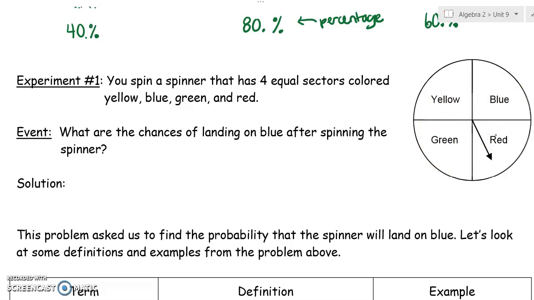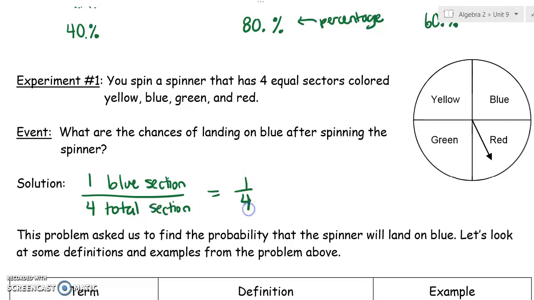So our answer would be 1 blue section divided by the 4 total sections, which makes our answer 1/4. I know that as soon as I asked that question, a lot of you thought, or maybe even said out loud, 1/4, and you were right. But we want you to get the idea of why it's 1/4, and it's because there's 1 blue section out of the 4 total sections.